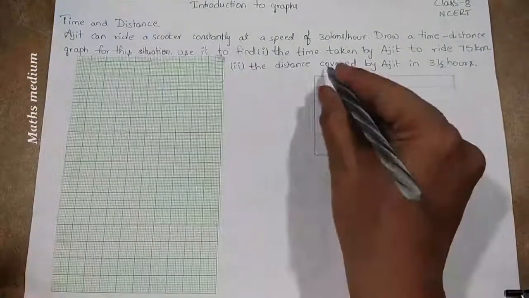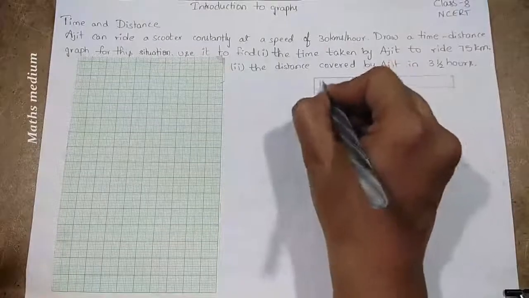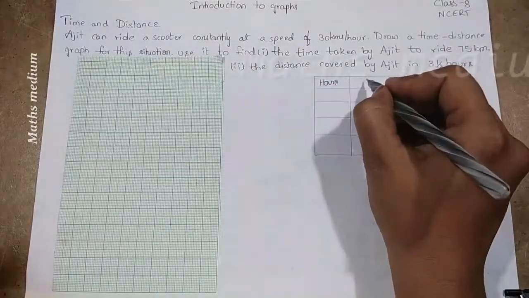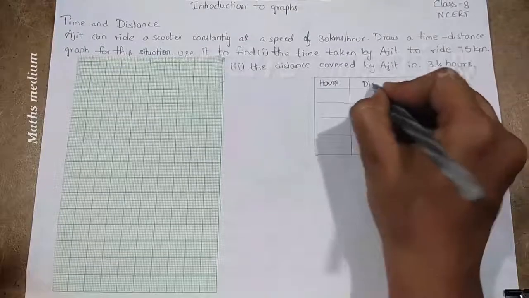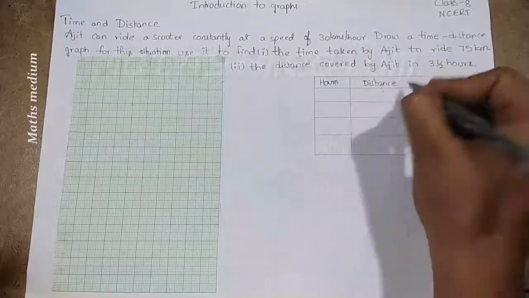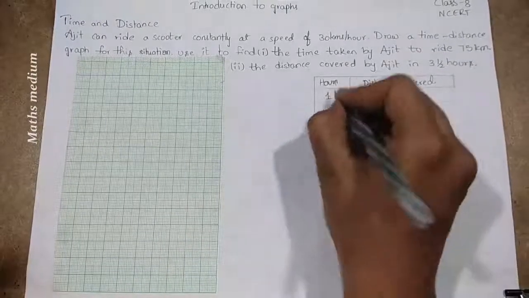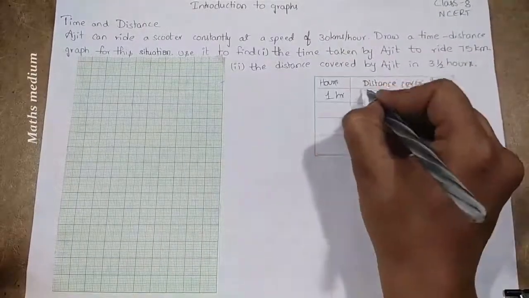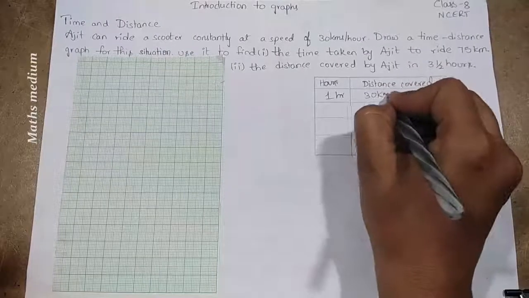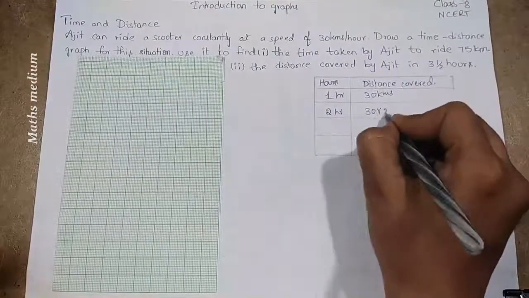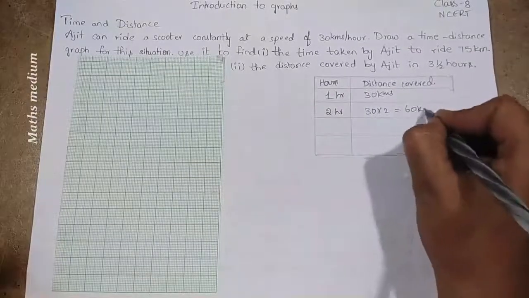So here we took the tabular form. This is hours of ride and this is distance covered. Okay. So here 1 hour, 30 kilometers. For 2 hours, 30 into 2, that is 60 kilometers, right?